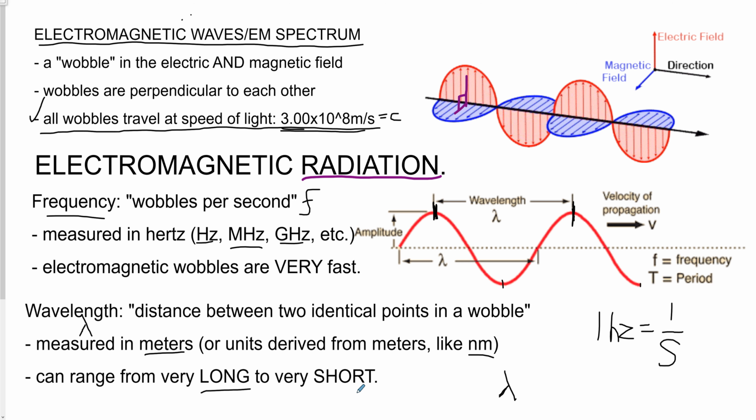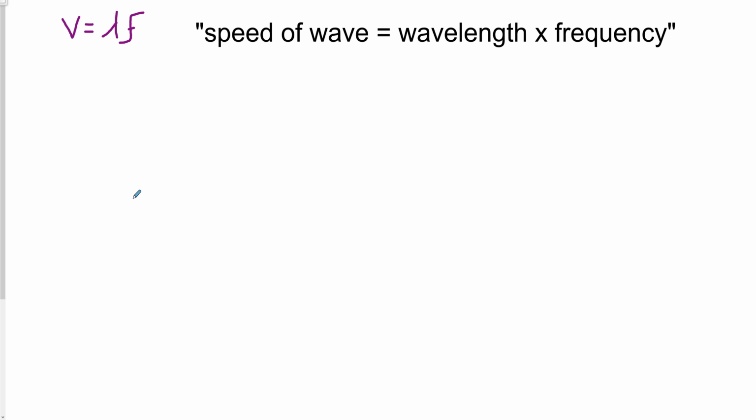So from kilometers all the way to nanometers, that's a huge range. So let's talk about how we work with these values, the speed, the frequency, the wavelength. It's really easy. Here's your formula. Speed wave is the wavelength times the frequency.